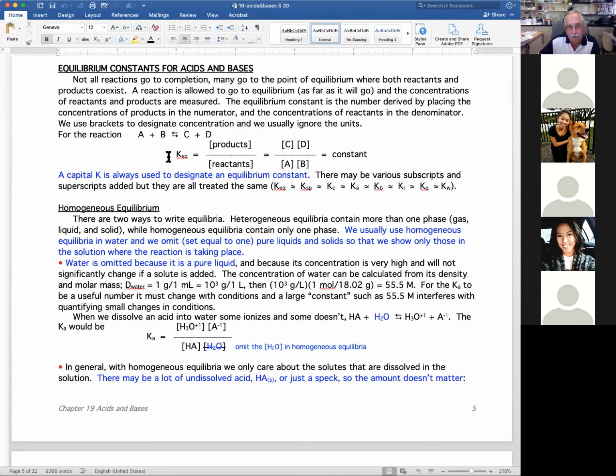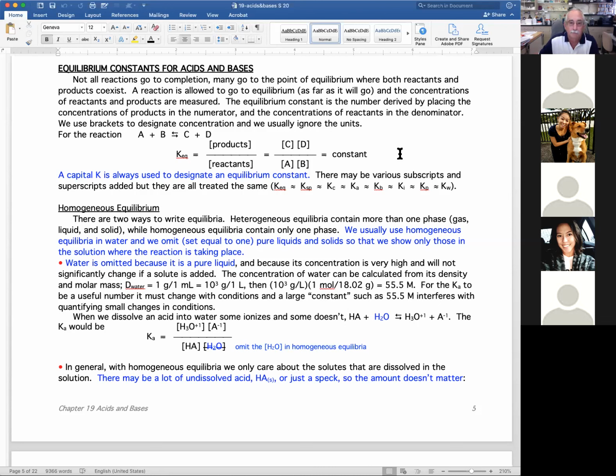So the equilibrium constant is the product concentrations divided by the reactant concentrations. So if I actually measure the concentration of C and D and A and B, and I put all these in here and I multiply that way, divide that way, I get a constant. And that constant can tell us a lot of information.